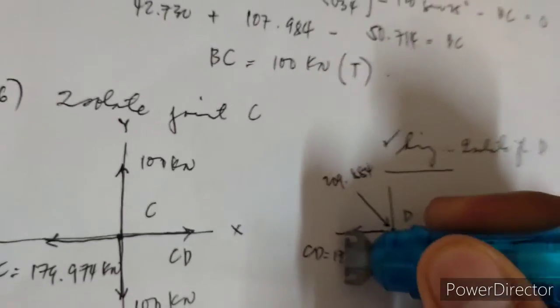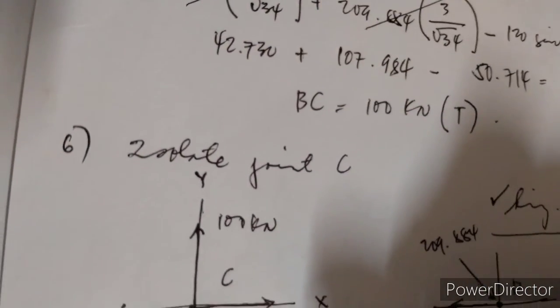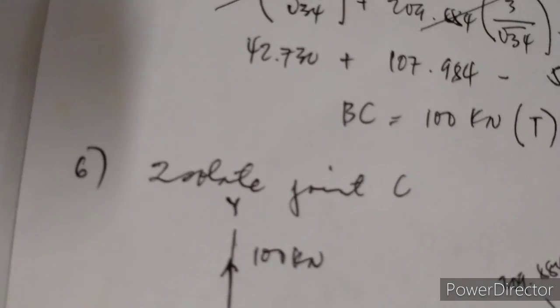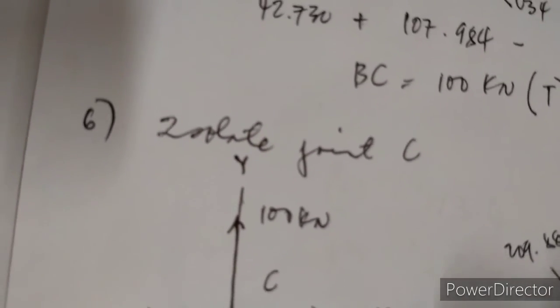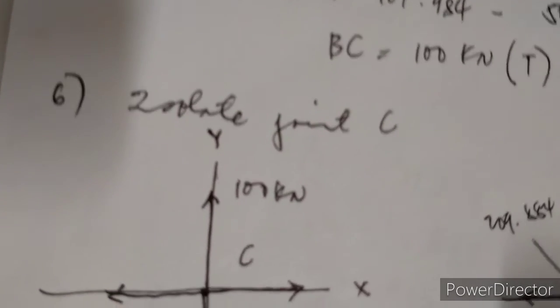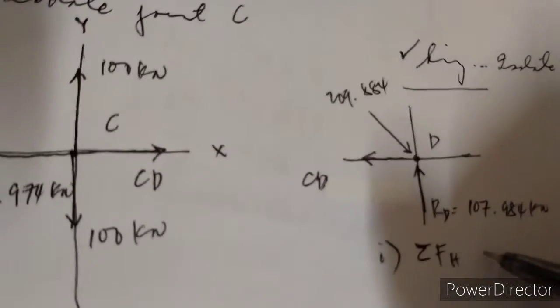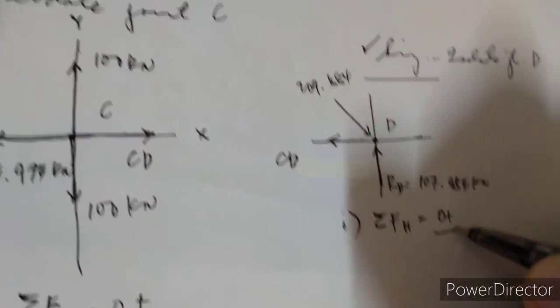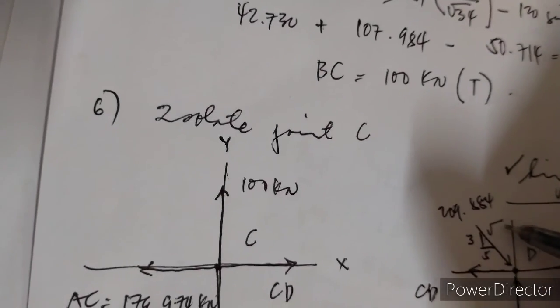So let us first remove the value, and let's try to have summation of forces horizontal is equal to 0, positive going to the right. So we have this 209, which is your BD, and we again have 5 over square root of 34.